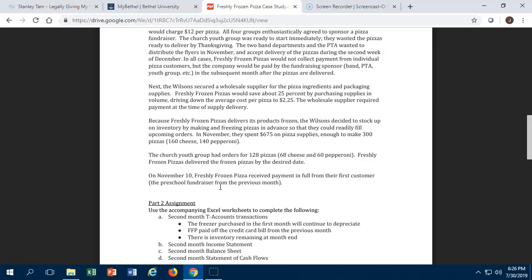Does that make sense? It's a little bit different way to look at it. The income statement reports year-to-date amounts. The balance sheet is as of November 30th.